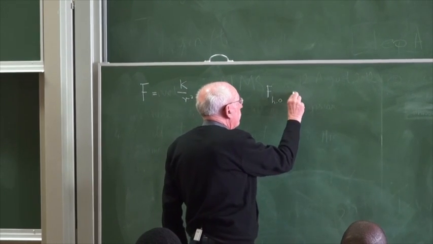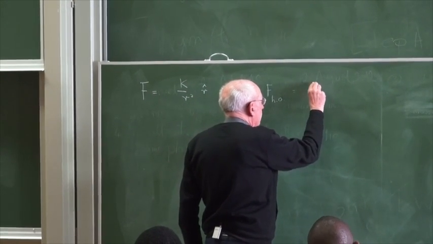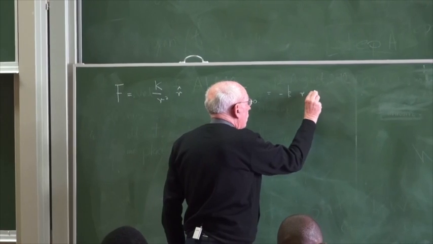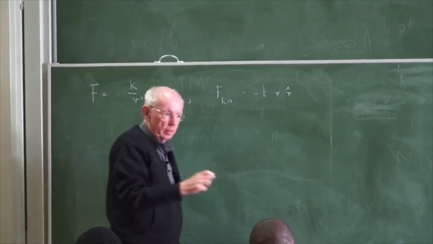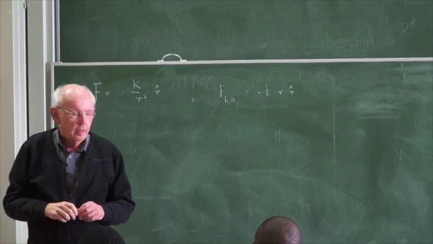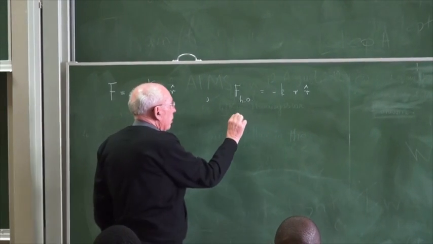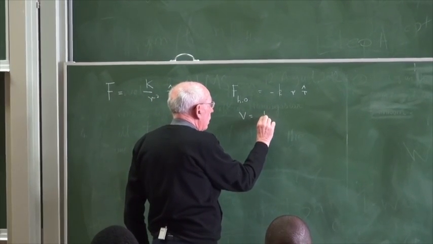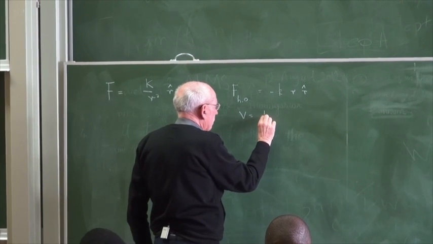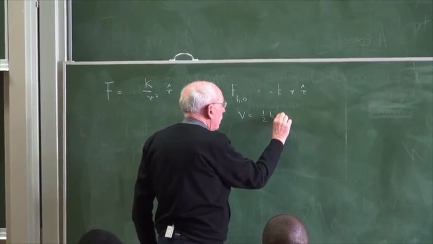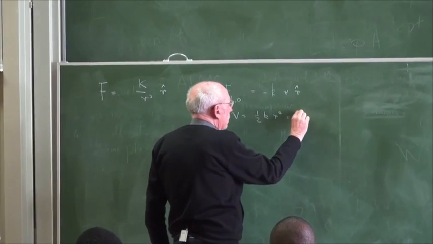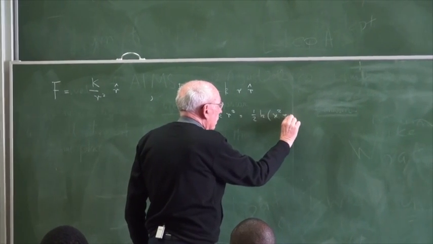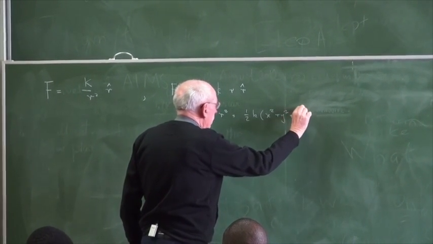The harmonic oscillator force is some other K times the vector R, K times R times the unit vector R. So this leads then to a potential V equal to a half K R squared, and that is equal to a half K times x squared plus y squared plus z squared.